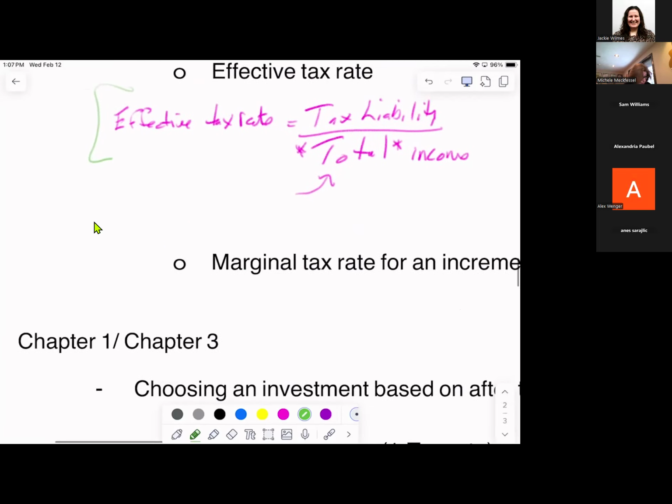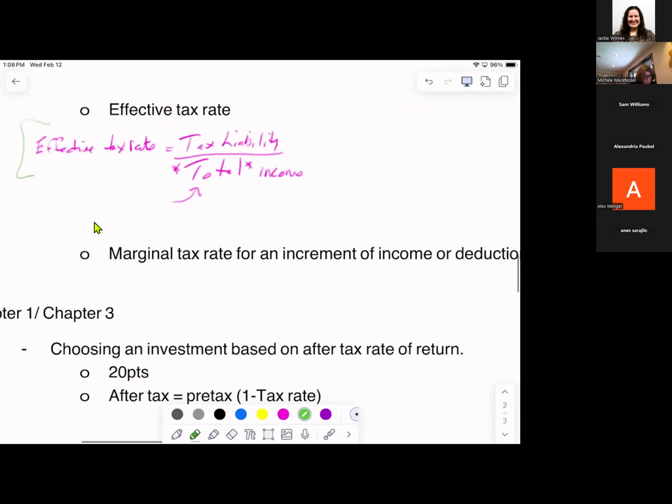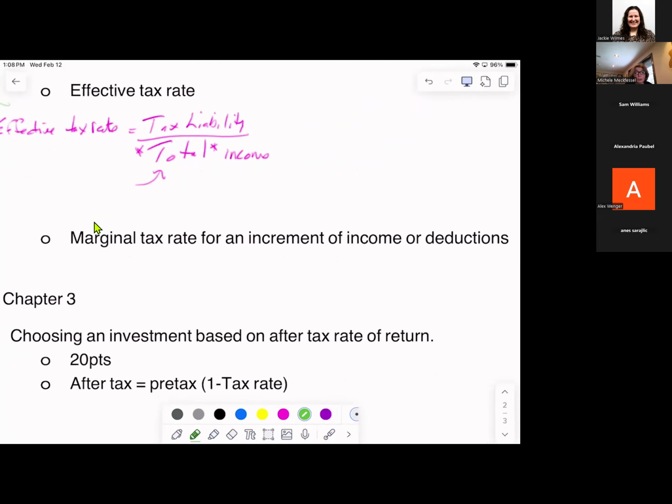And then finally, you're going to have to find the marginal tax rate for an increment of income or deduction. So remember that when you're doing the marginal tax rate, that's our change in tax liability over our change in income.